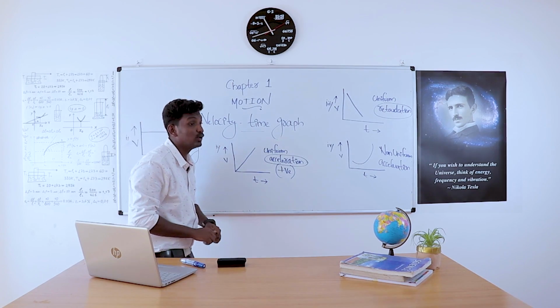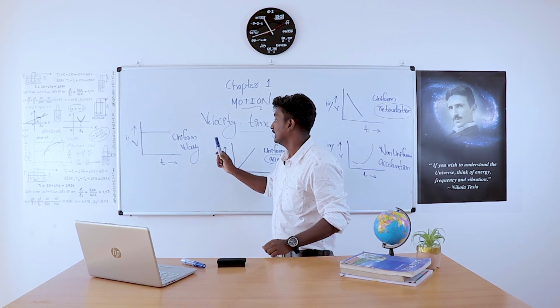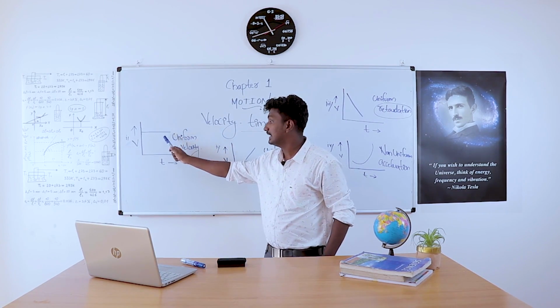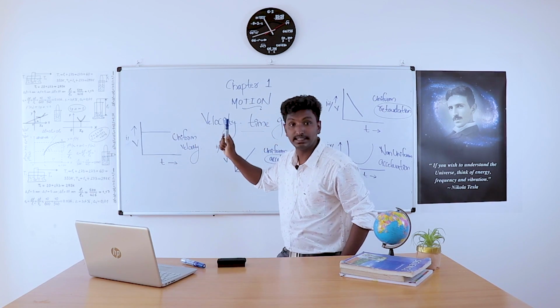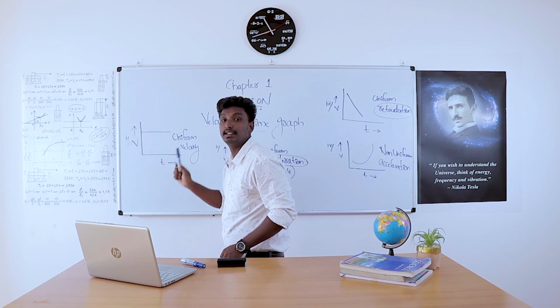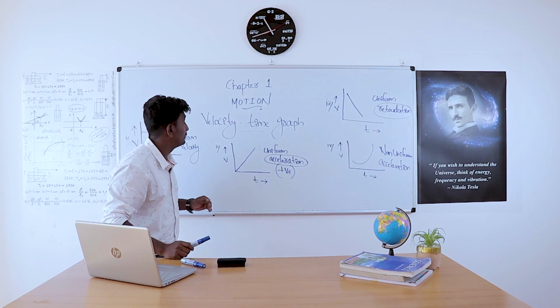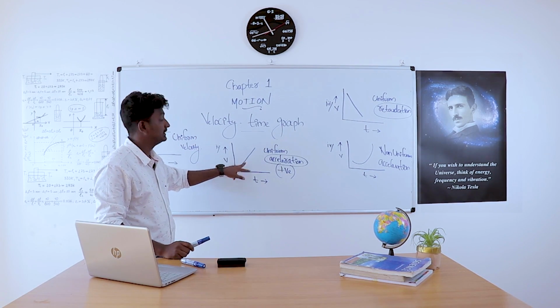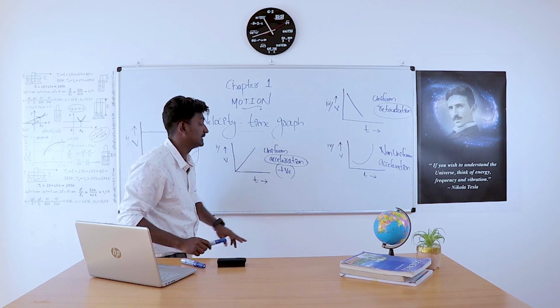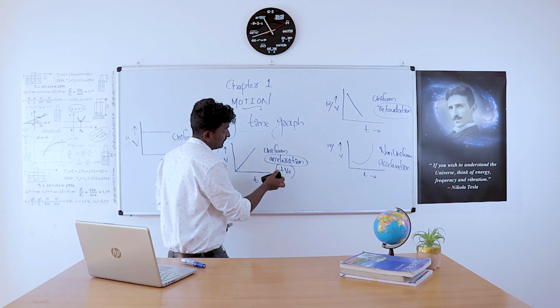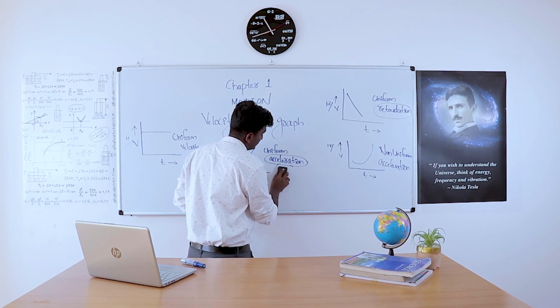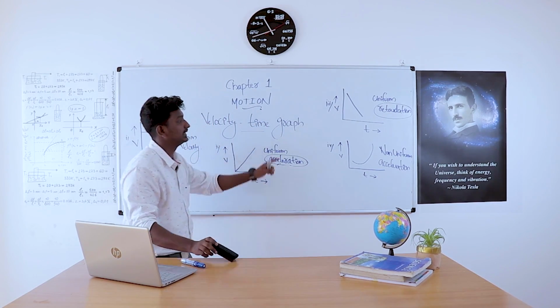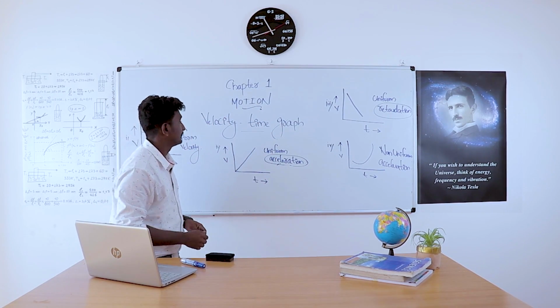Listen to the graph, velocity time graph. If we are getting a straight line parallel to the x-axis, that is the time axis, then the nature of the graph is uniform velocity. If we are getting a straight line starting from origin, then it is uniform acceleration. Acceleration is positive here. If it becomes negative, then it is called a retardation.